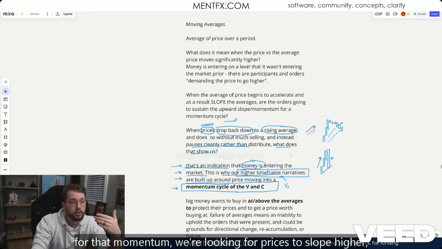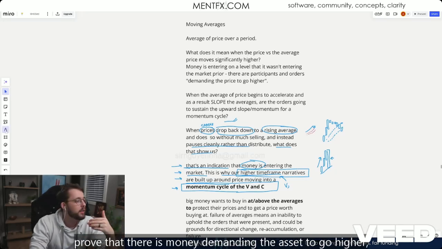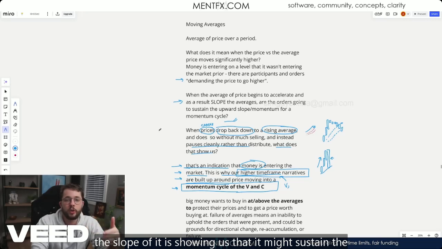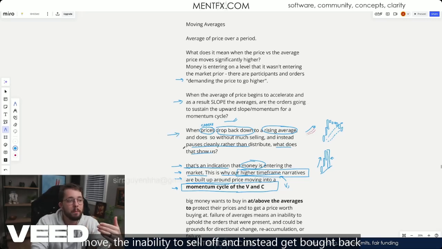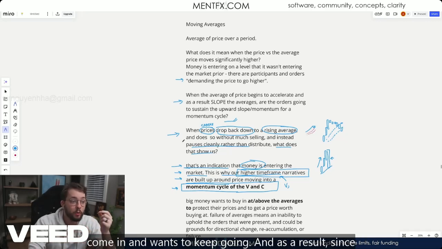We're looking for prices to slope higher. We're looking for price to prove that it's moving higher, to prove that there is money demanding the asset to go higher. The slope of it is showing us that it might sustain the move. The inability to sell off and instead get bought back up at those rising averages is proof that money continues to come in and wants to keep going.